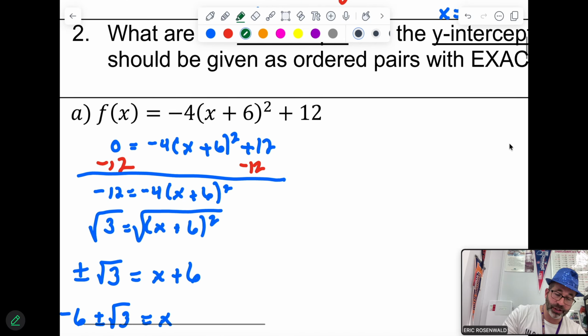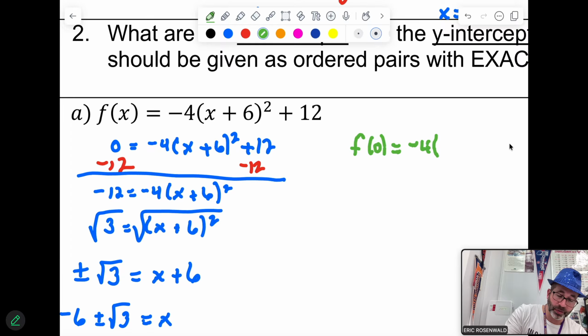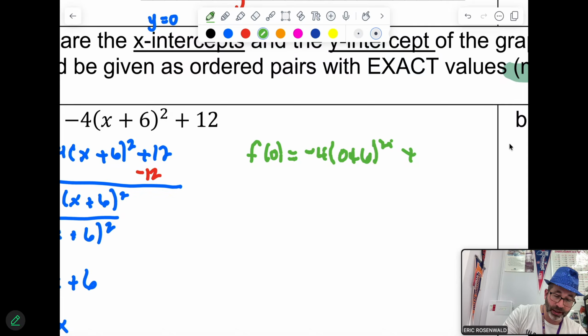So to find the y-intercept, we're going to go ahead and set x equal to 0. So we're going to have f of 0 is equal to negative 4 times (0 plus 6) squared plus 12. Sorry, my stylus is getting a little wonky here. That's a 2 there, squared.